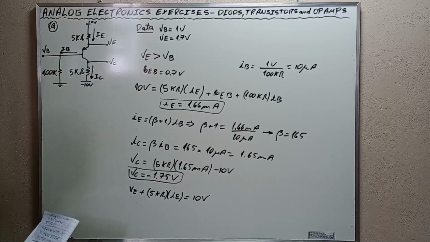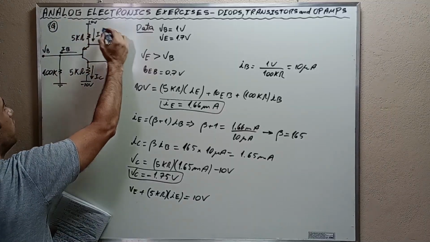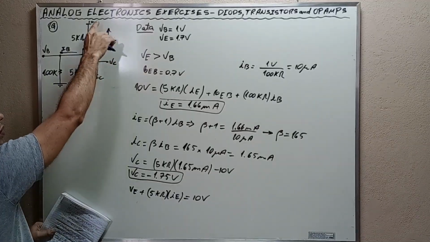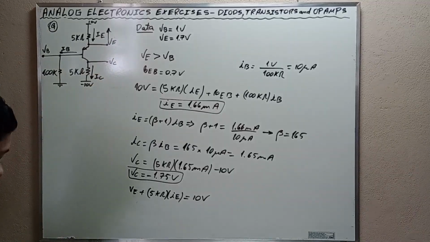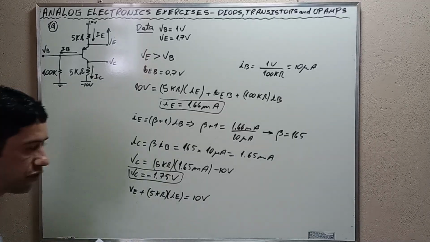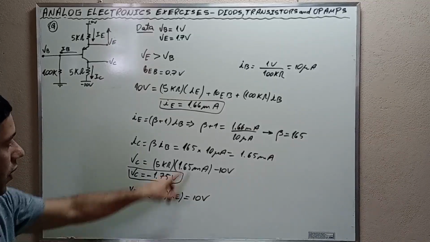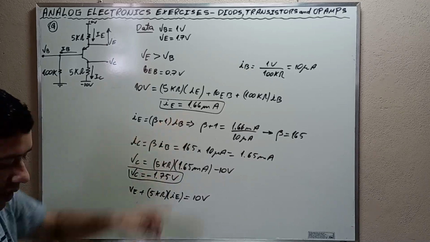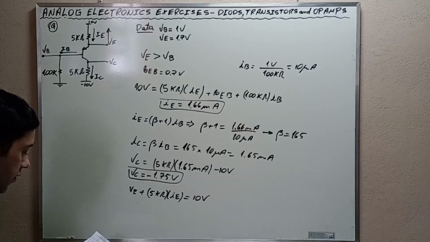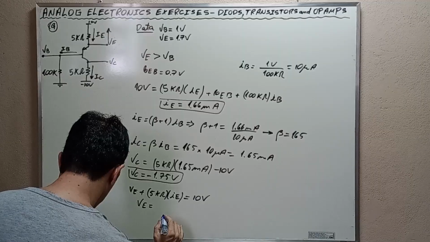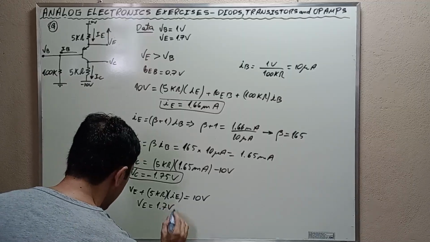There is going to be a voltage drop in this direction here. Then VE plus this voltage drop has to be equal to 10 volts. From this step, we find that VE, we have to substitute the value. IE is equal to 1.66 milliamps, and ultimately we find that VE is equal to 1.7 volts.